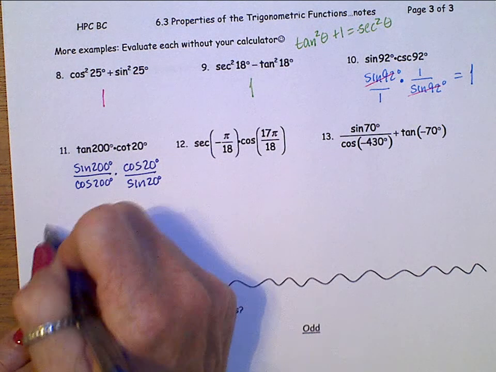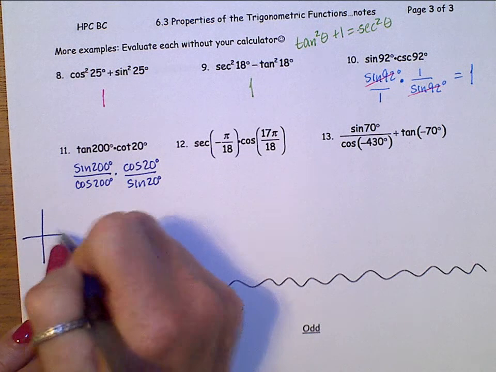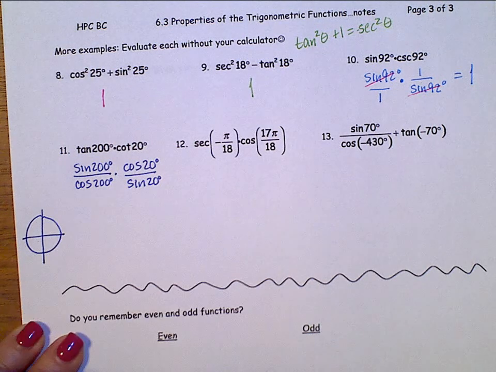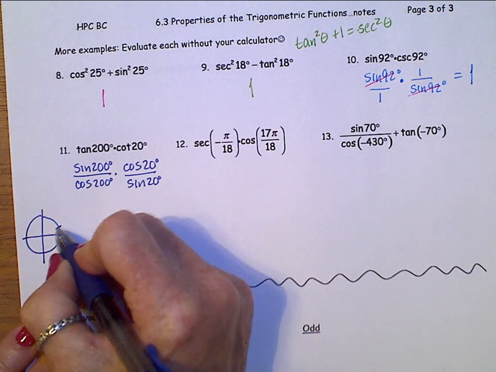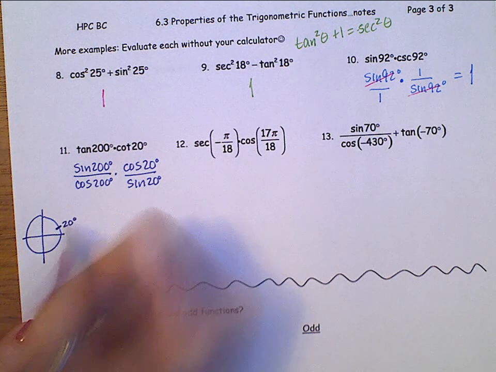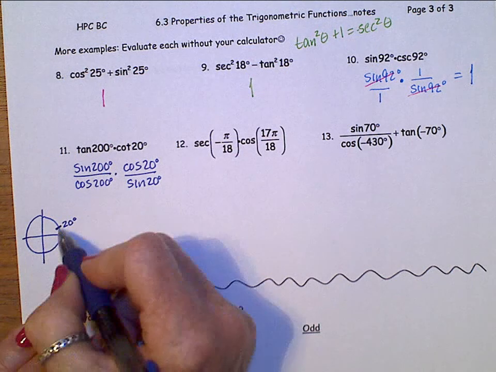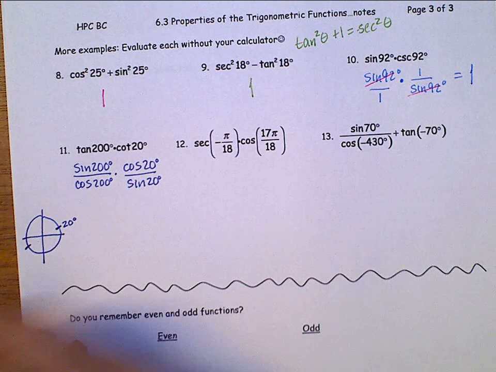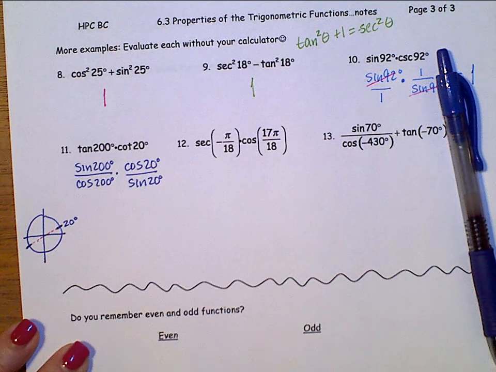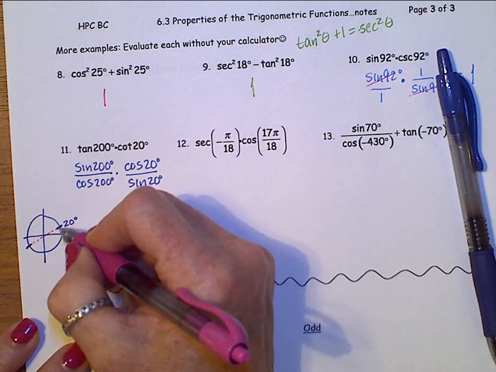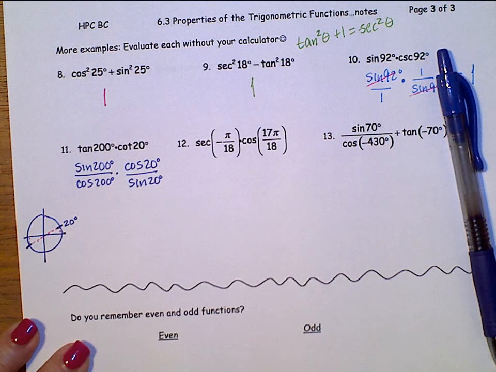Okay, let's look at where 200 and where the 20 degrees is. 20 degrees, right there. 200 degrees, right there. Look at those two. Those are exactly halfway across the circle. They're exactly pi apart from each other.